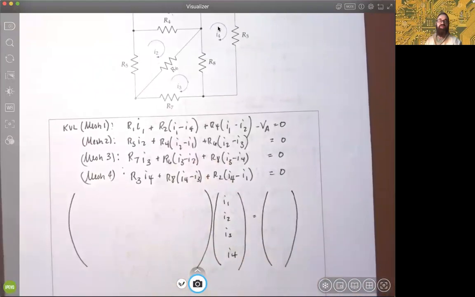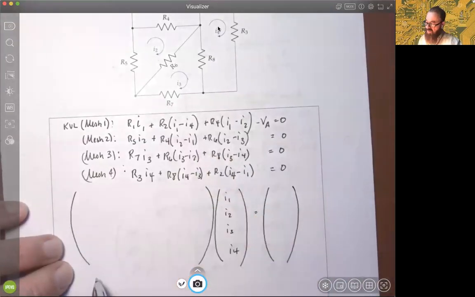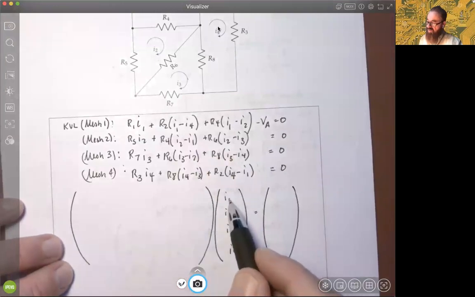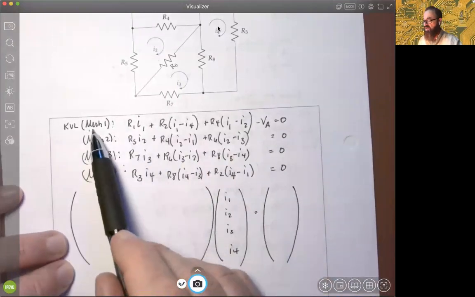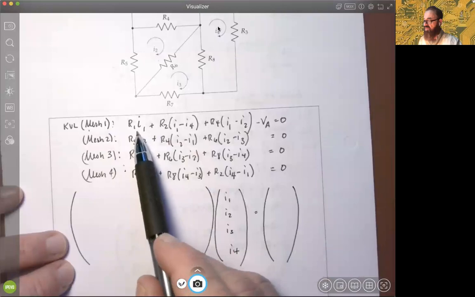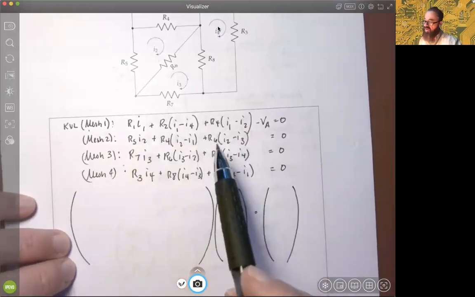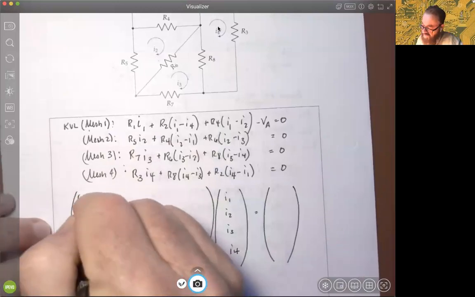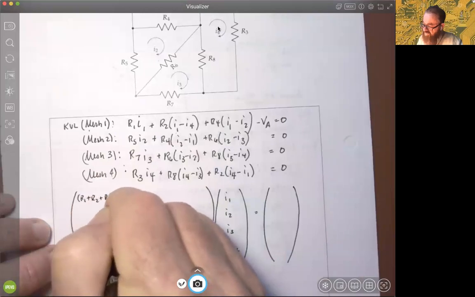So all we have to do, remember, is read off the coefficients of each one of these as we go across a row. For the very first equation, we're looking for I1s. We have R1 times I1 there, R4 there, and we also have R2. So the very first component will be R1 plus R2 plus R4.